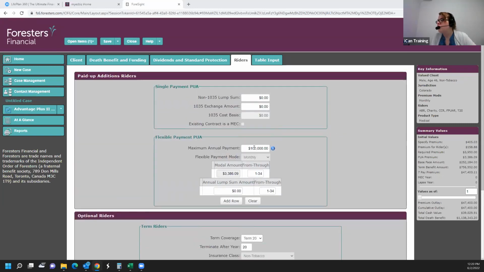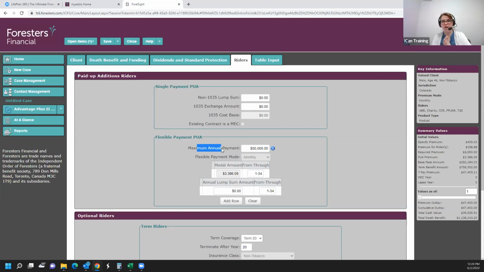Okay, so up here, I'm going to drop this down. Keep in mind that this is the maximum annual payment. We're going to drop this down to say 50,000, because this is the max annually that they can put into the paid up additions rider.